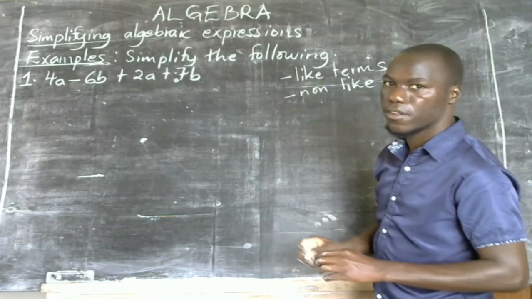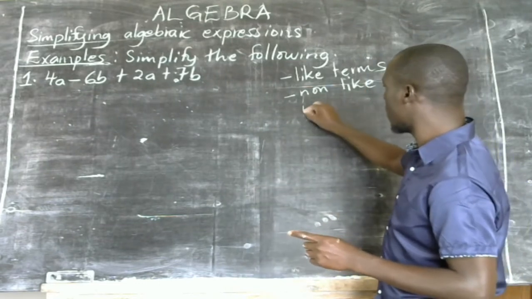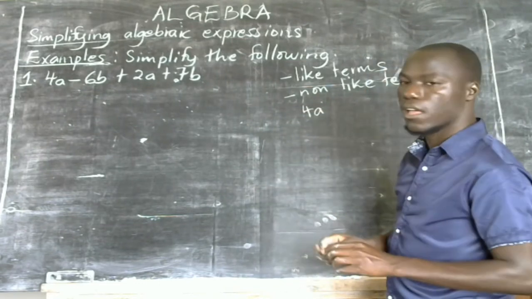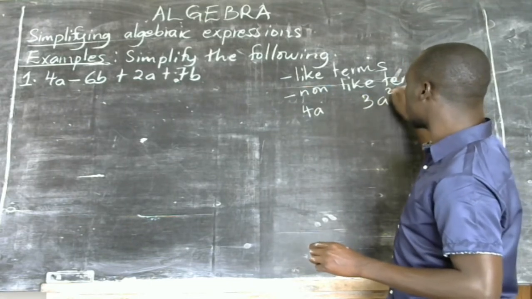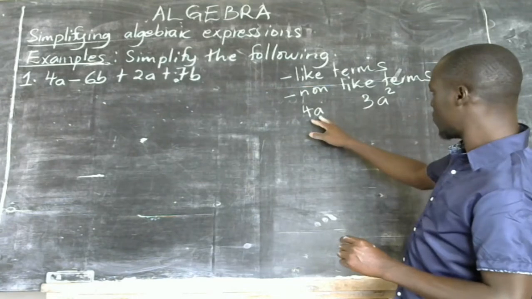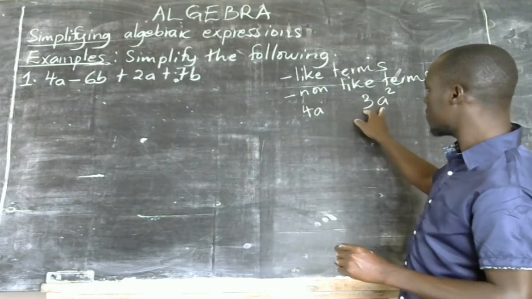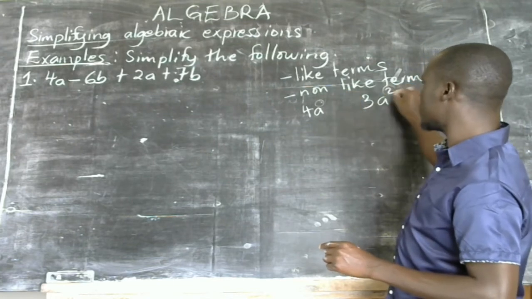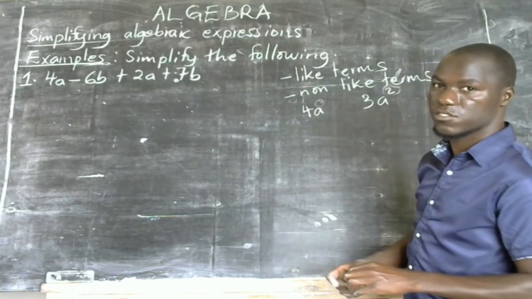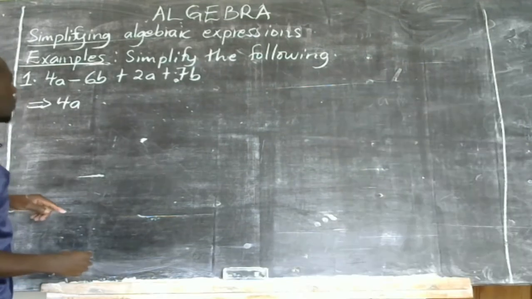For example, if I have 4a and some other person has 3a squared, these two are not like terms because the power of the unknown a is different, so they cease to be like terms.